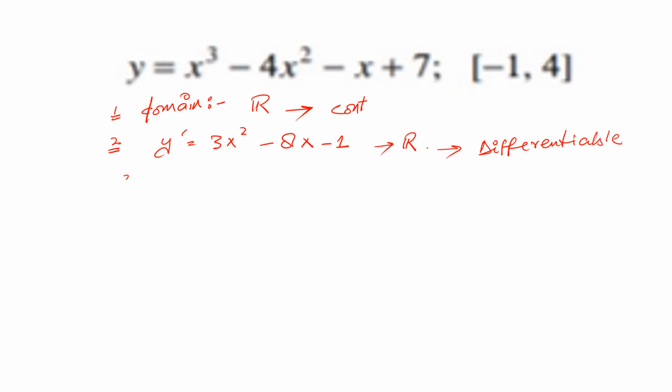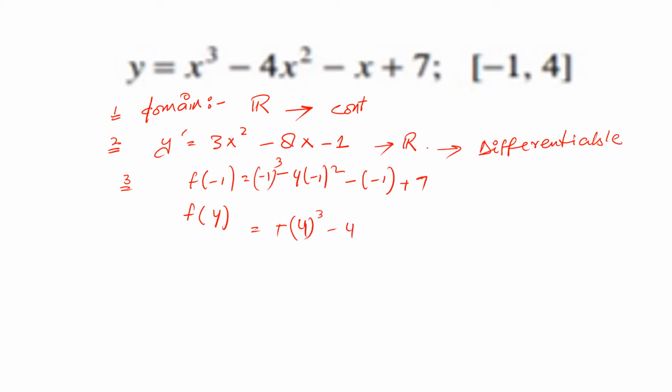Now check the heights at x equals -1 and at x equals 4. So put these values one by one in the original equation to get the y value. Here -1 cubed, I forgot. Here 4 cubed minus 4 times 4 squared minus 4 plus 7. Now calculate them.